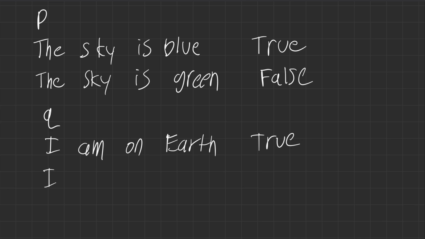I could also say that I am on Mars. This is false. I'm not on Mars. So you're probably thinking, I understand statements, I understand truth or not, and we're talking about well-defined stuff. This is just an example of statements.